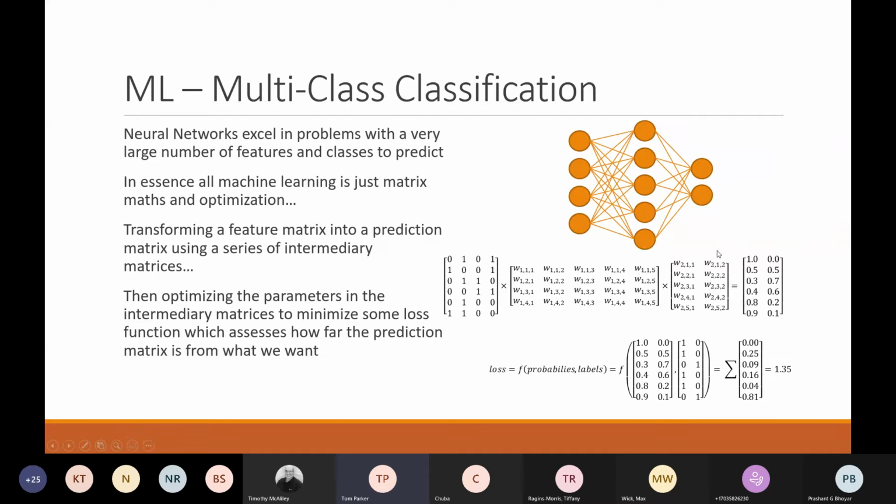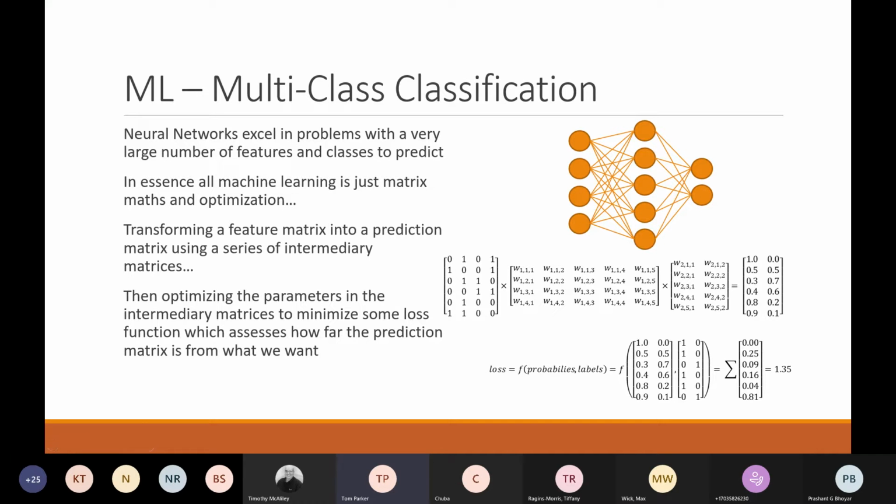This is just a graphical representation of the matrix arithmetic which is going on behind the scenes to transform this 6 by 4 matrix here into a 6 by 2 matrix, which represents your output variables. And what you're trying to do at the very basic level is randomly initialize a bunch of weights and biases and perform these matrix transformations, which will whittle your larger feature matrix down to a smaller target matrix.